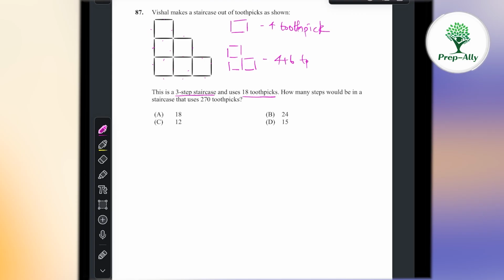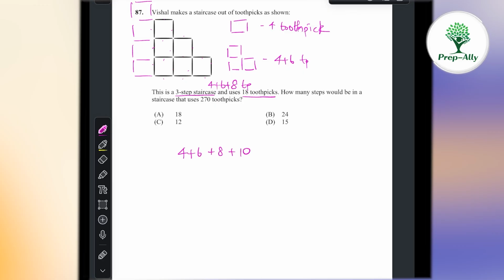So 4 plus 6 plus 8 toothpicks, and if we add another step we'll have another 10. So 4 plus 6 plus 8 plus 10.